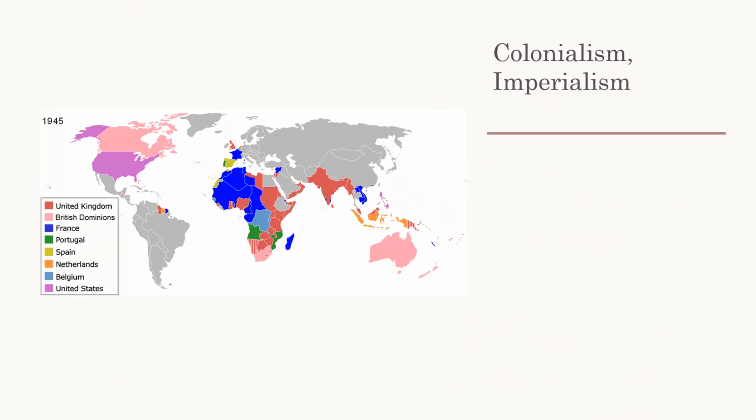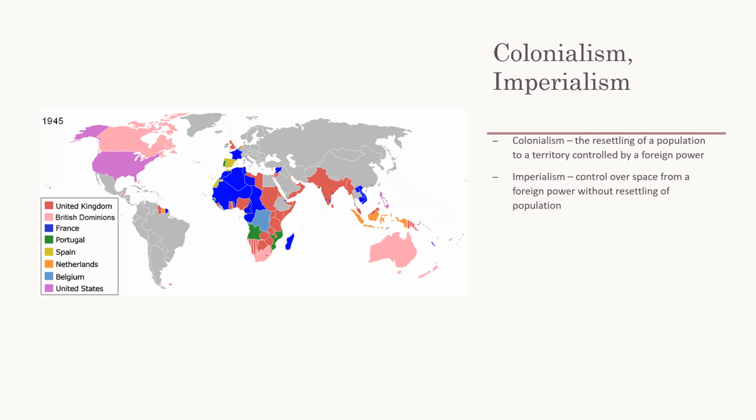So colonialism and imperialism, two terms that help us to understand some of the practices that occur and linguistic characteristics of the world and religious practices of the world as well. Colonialism is when we resettle a population to a territory controlled by a foreign power, right? It requires that resettling of a people, whereas imperialism just means we're controlling that space without resettling the population.